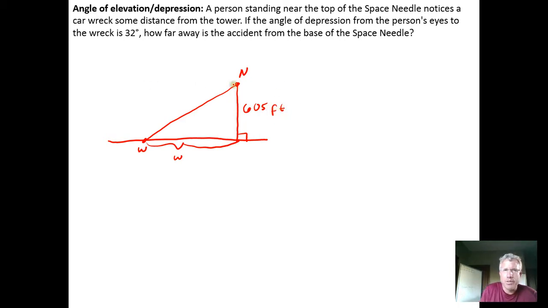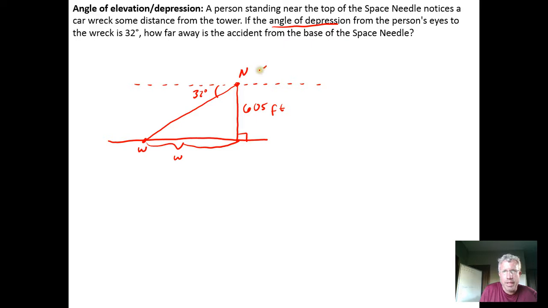Now put the horizontal line in through your viewpoint, a horizontal line that is parallel to the ground. And we're told that the angle of depression, that's the acute angle formed by the horizontal line at your viewing height with the line of sight, is 32 degrees.